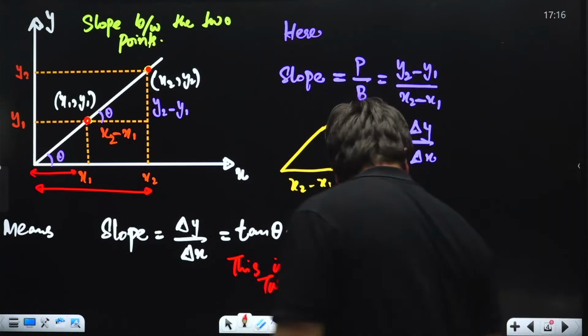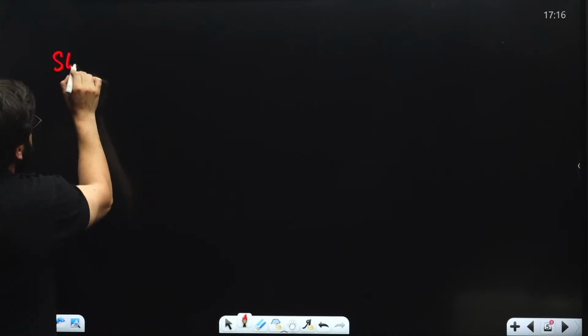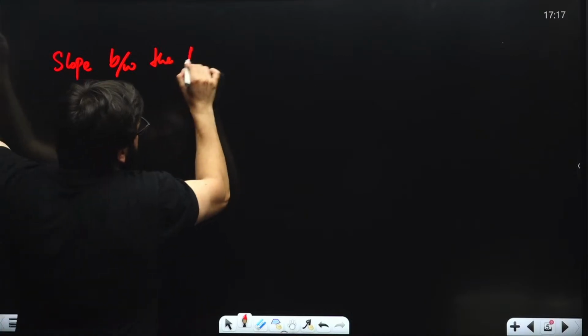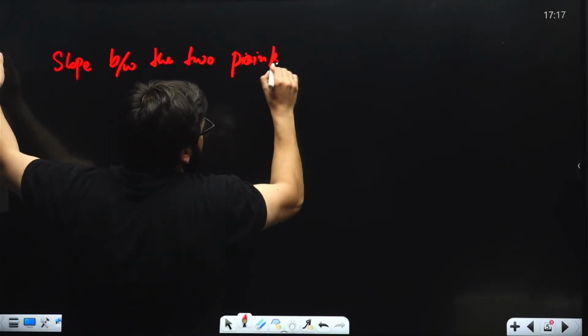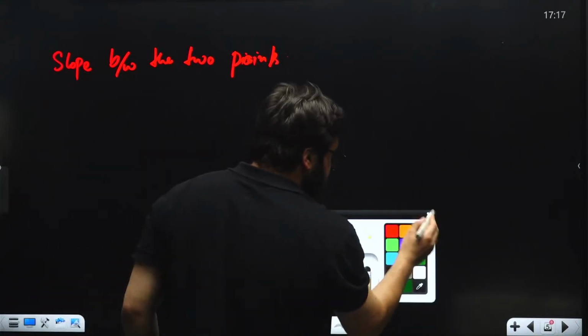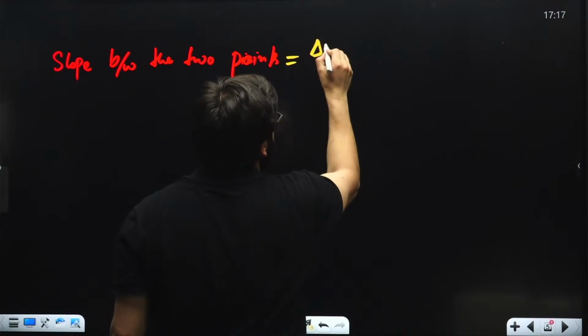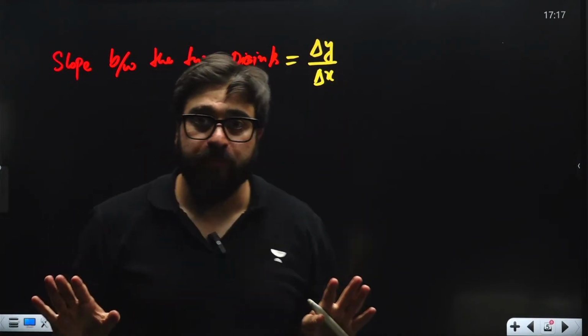And guys, remember, from now onwards, whenever we talk about the slope between the 2 points, it will be simply delta y divided by delta x. This will be the slope between the 2 points.